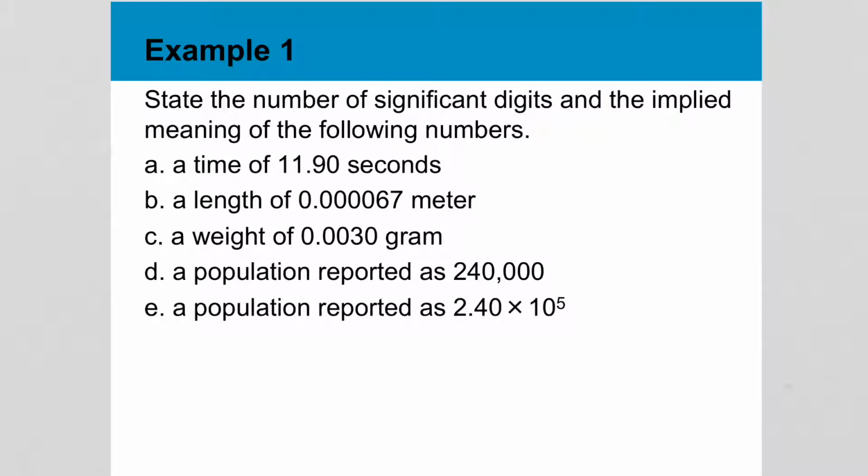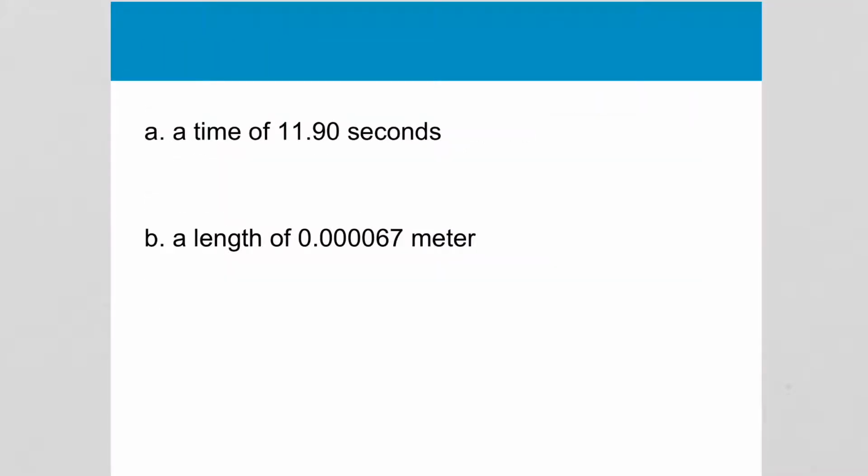So for this example, we're going to state the number of significant digits and the implied meaning for each number. So the first one, a time of 11.90 seconds, or 11 and 90 hundredths of a second. This has, because the zero after is included, 4 significant digits.